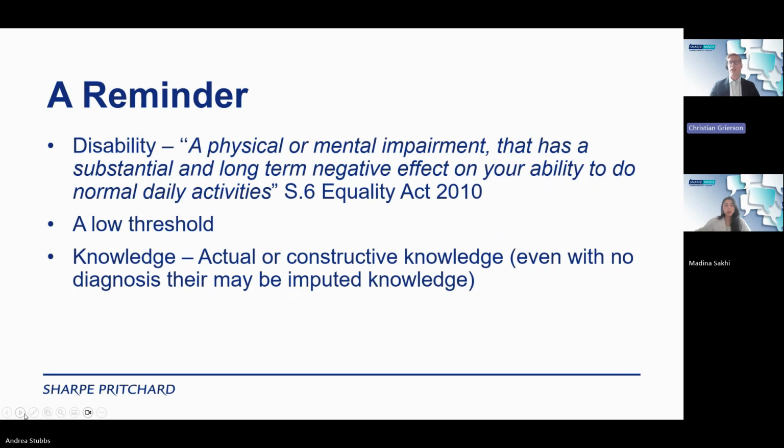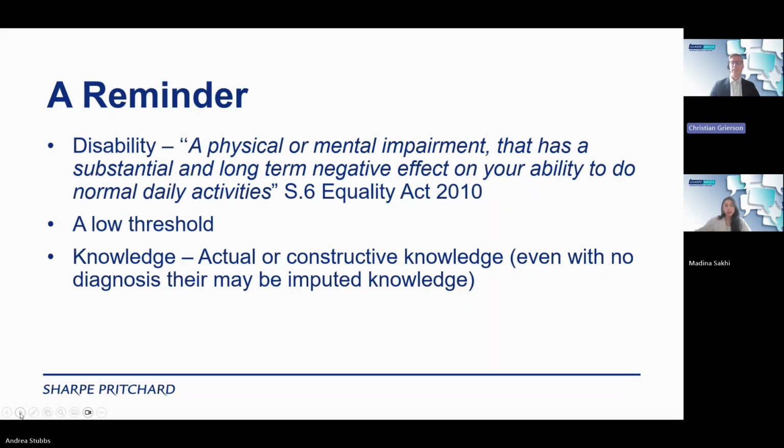As we considered in our previous webinar on the definition of disability, this is a very low threshold. And so we often find it is the case that a claimant will successfully show that they had some form of physical or mental impairment that satisfies a Section 6 definition.